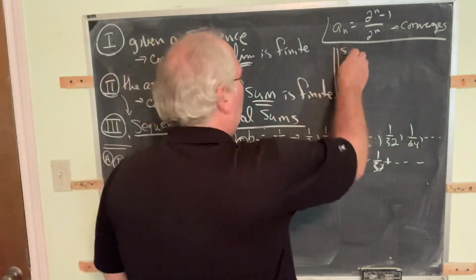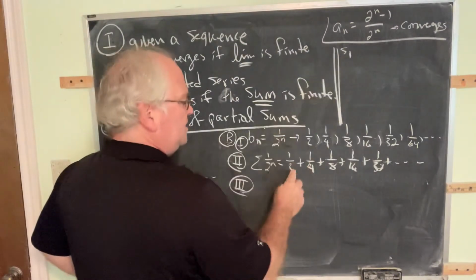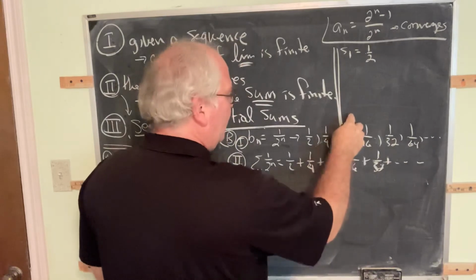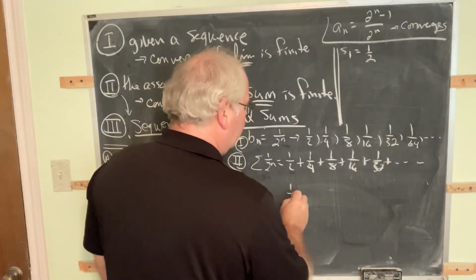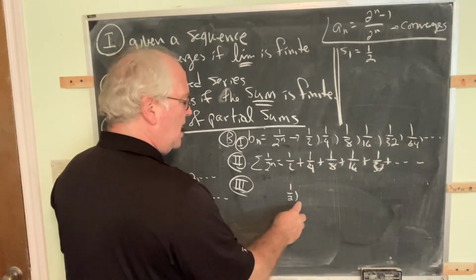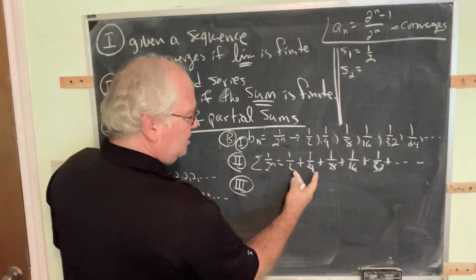Well, sum number 1 for this series, S1, is just the first term, 1/2. So the first item in my sequence of partial sums is 1/2. Partial sum number 2 is you add together the first 2 terms.